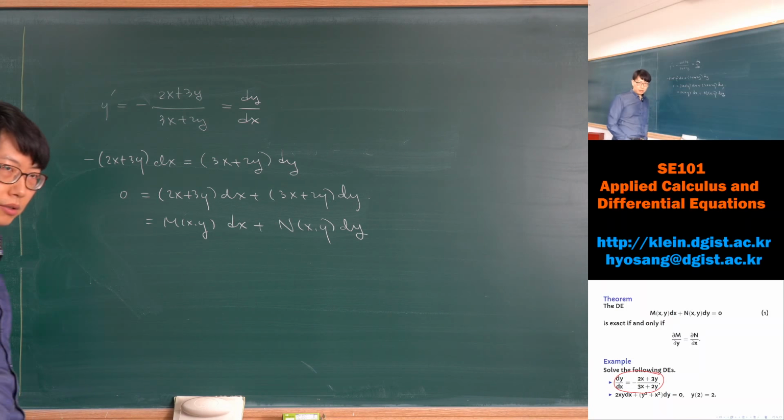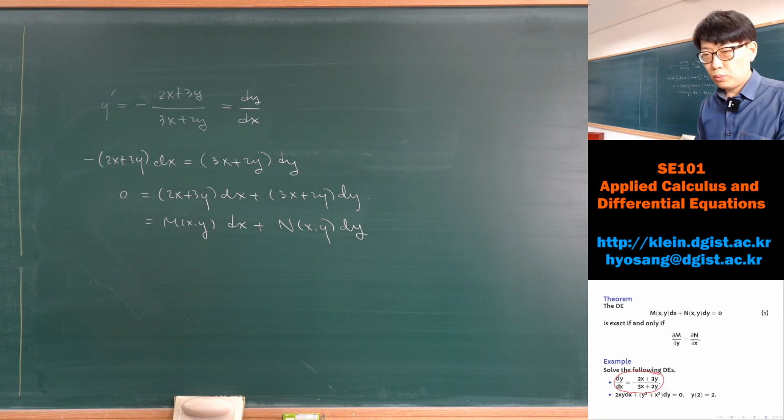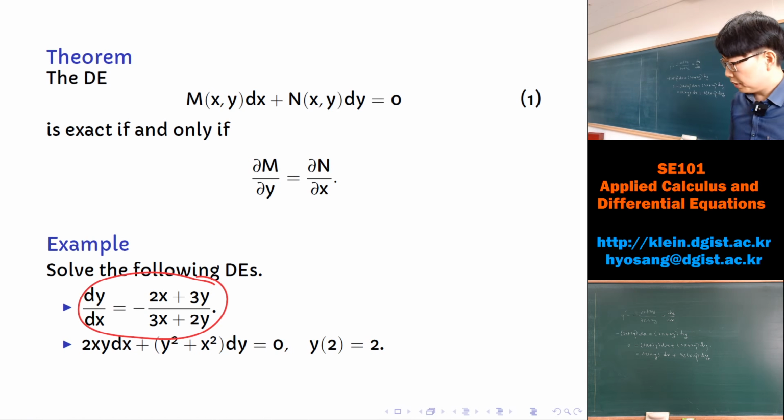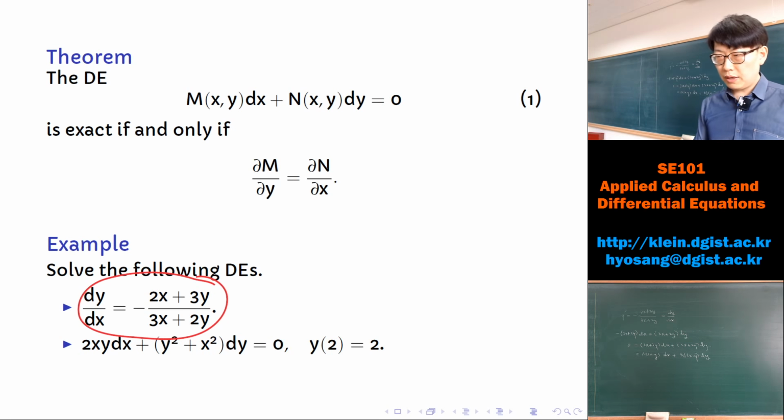Okay? So let's move back to the theorem in the slide. If you have an exact differential equation, for example, if you have a function whose partial derivative in terms of x becomes the coefficient of dx, and whose partial derivative in terms of y equals the coefficient of dy, then you can solve your differential equation.